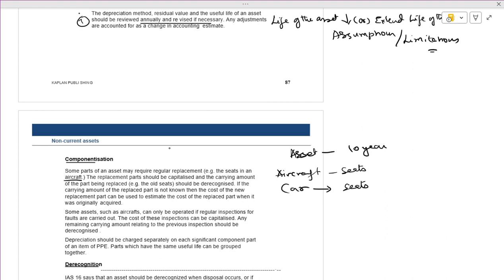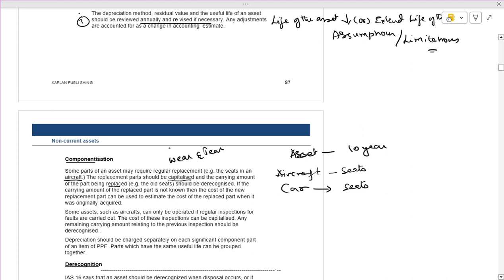In the aircraft we want to replace the seats, because that is one of the components having maximum wear and tear. The replacement part should be capitalized and the carrying amount should be replaced.